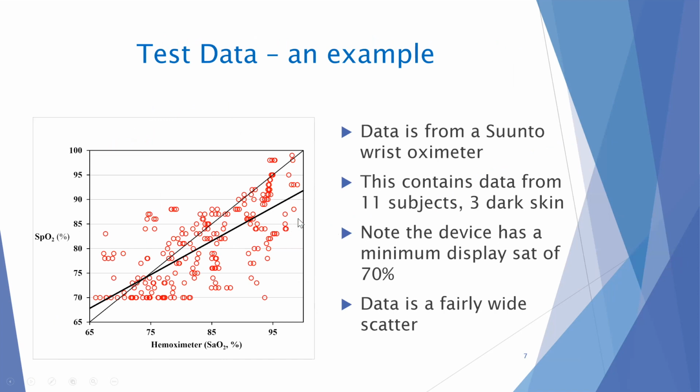But I'm just showing what you get here, which is a kind of random variation out of 200 some odd data points from 11 subjects, 3 of whom had dark skin. And you can see at the bottom that the device cuts off its low saturation at 70.